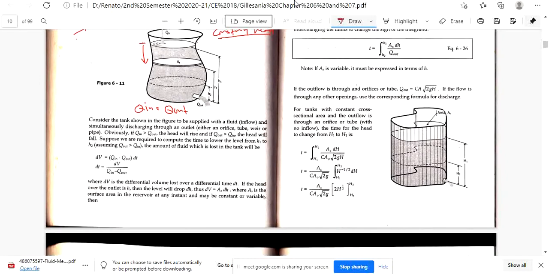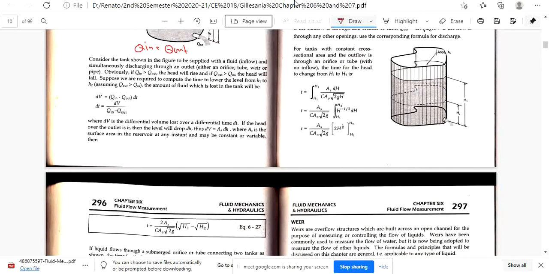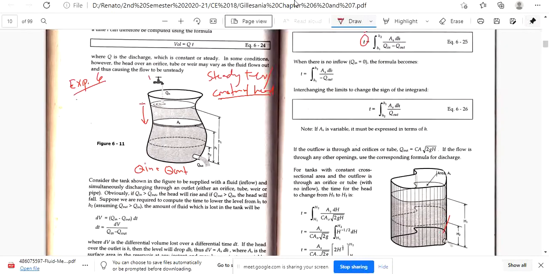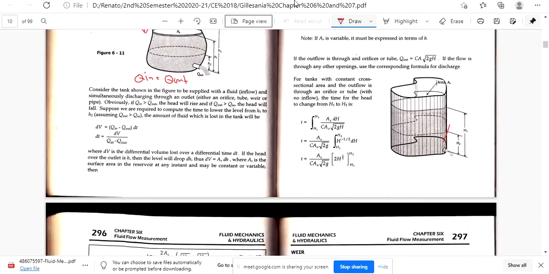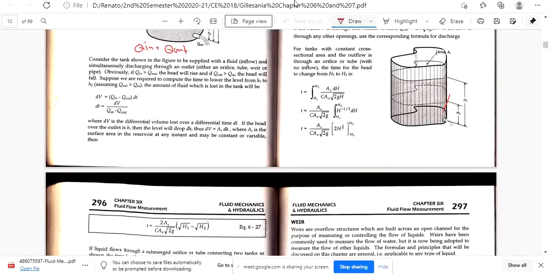There's a formula for constant cross-section, this one, if the cross-section of your tank is constant. But if the cross-section is not constant, you use this one. Or this one, depending. If you have no Q in, then you use only this. Again, if it is constant. Because there are times when it is not constant.